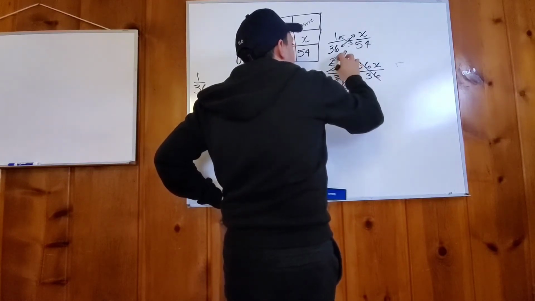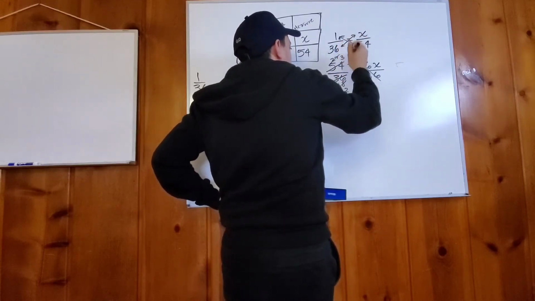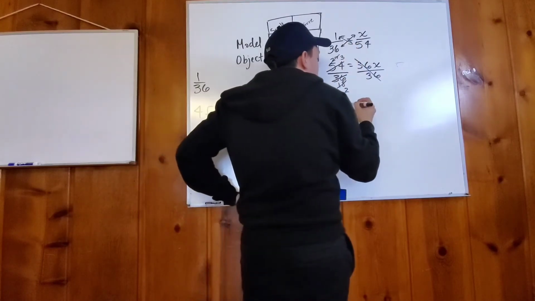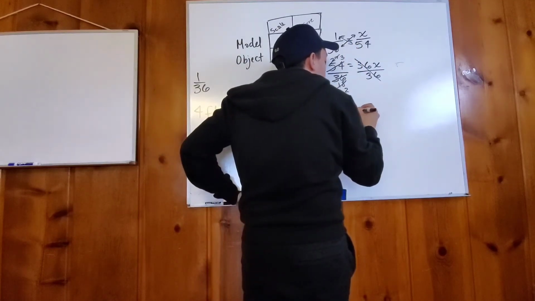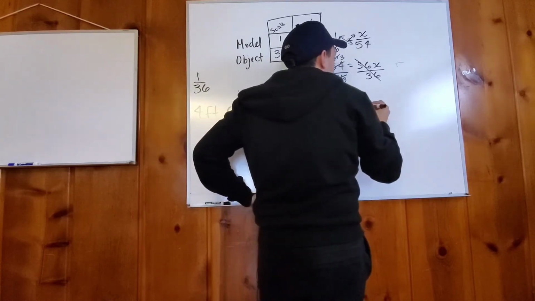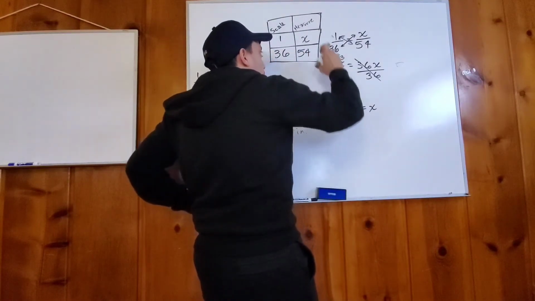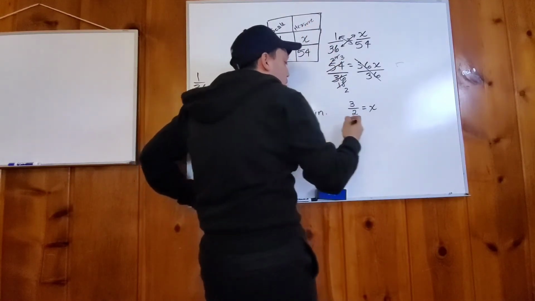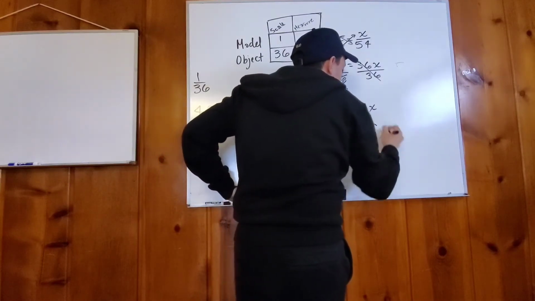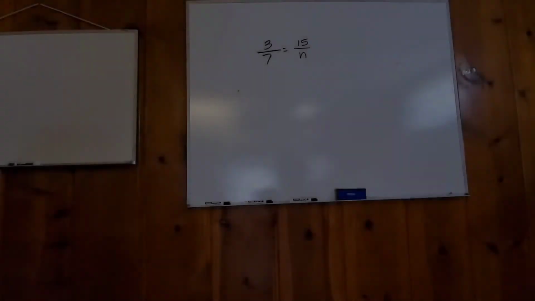Yes, I mean not 9 by 3, my bad, because I divided by 9, I get 3. 9 times 3 is 27, so I'm going to get 3 over 2, right? 3 halves is going to be the required height of the model, which is going to be 1.5 inches tall for the model. And that would be the answer to the second example.